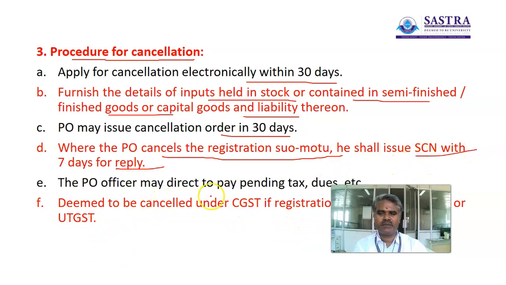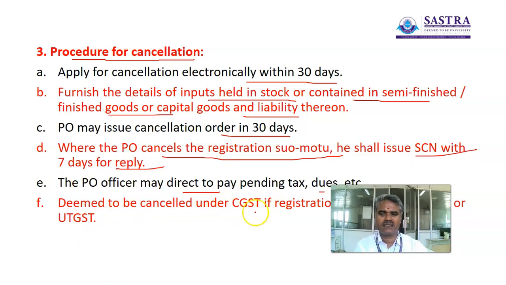The proper officer may direct you to pay pending tax dues, etc. He may ask you to pay, because I am going to cancel your registration. You have to pay all the dues and pending tax immediately. Based on that, you have to pay, then get the cancellation order.